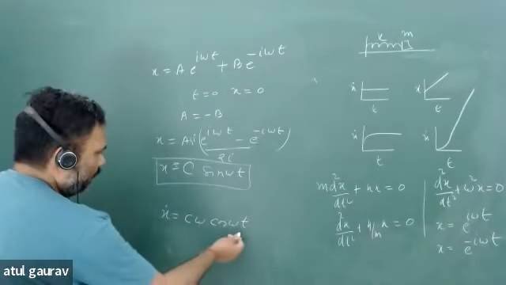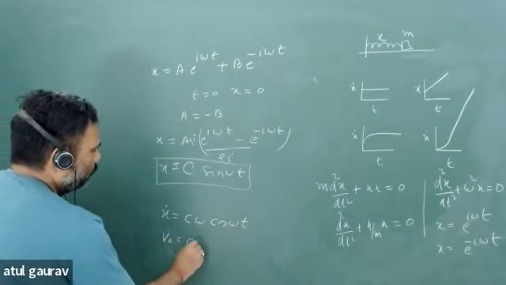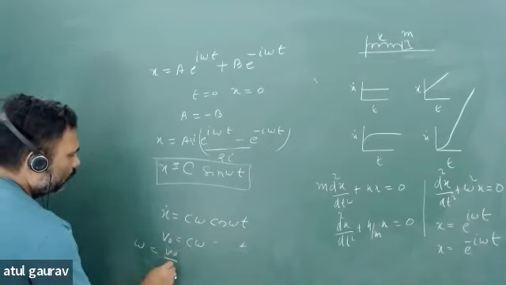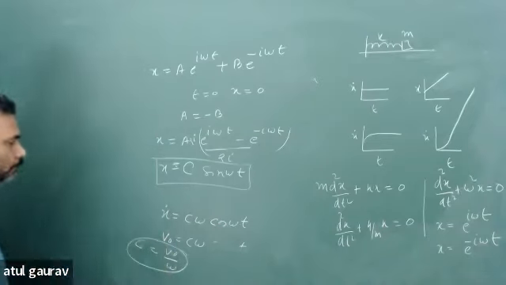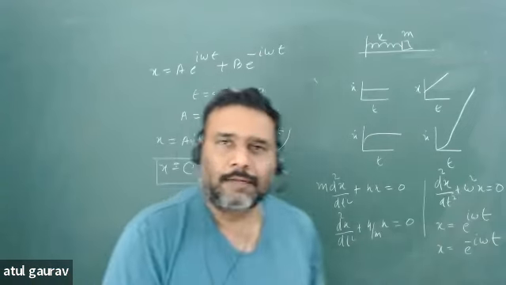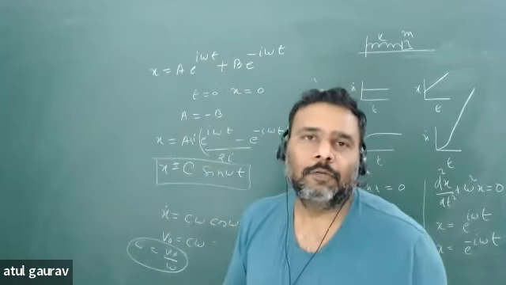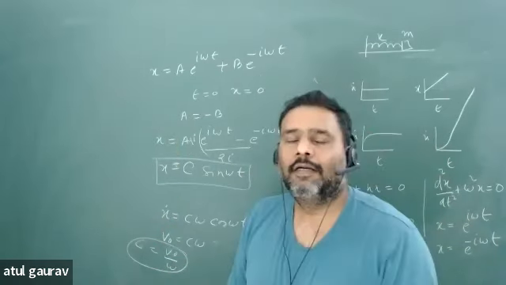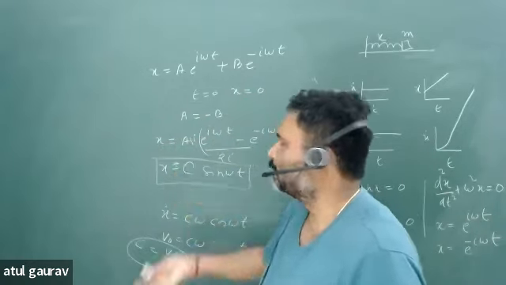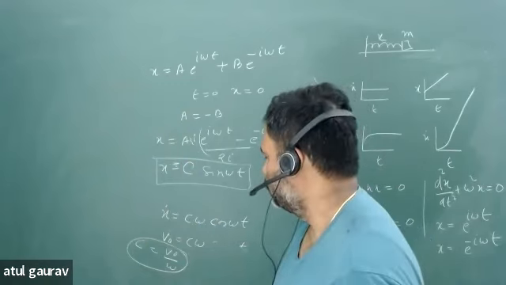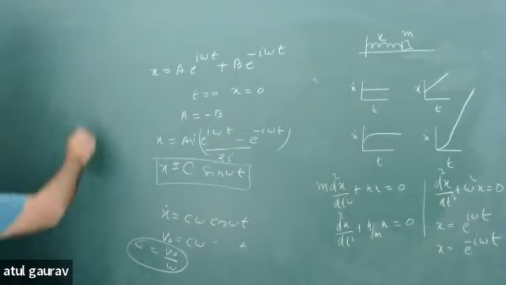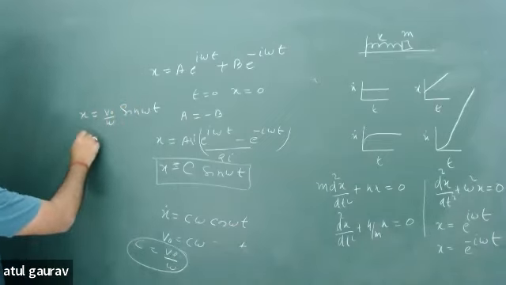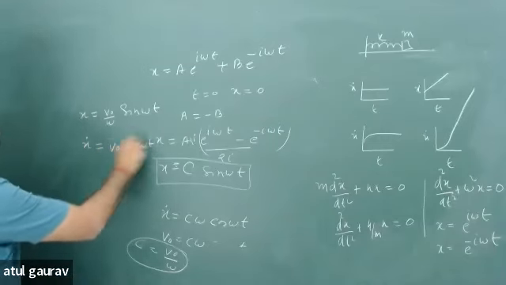At t equal to 0 you have the value v naught, and that value is c omega cos omega t, so c is equal to v naught by omega. And now sine and cos are more or less the same function. What is the difference? Only a phase of pi by 2. Where sine is minimum, the velocity is maximum, and where the velocity is minimum, the amplitude is maximum, and this is your amplitude, the maximum displacement. So x is equal to v naught by omega sin omega t, and x dot is equal to v naught cos omega t.